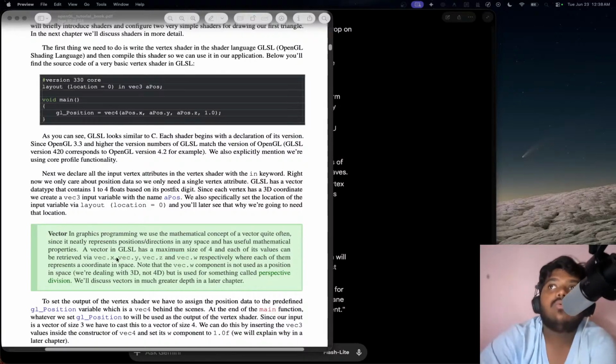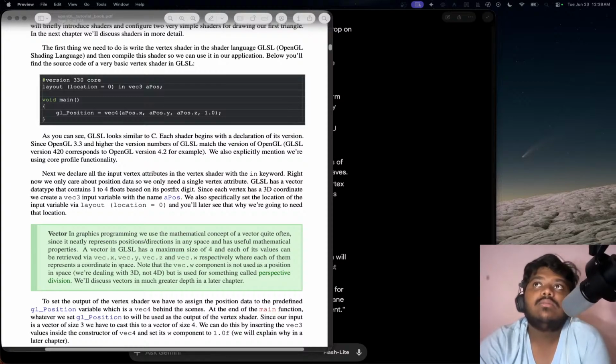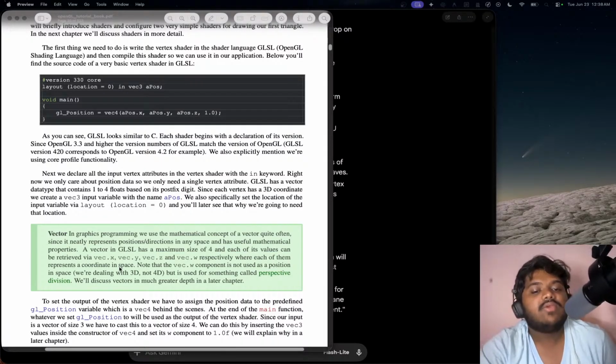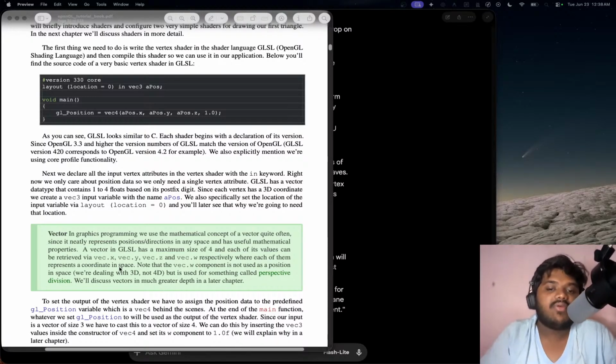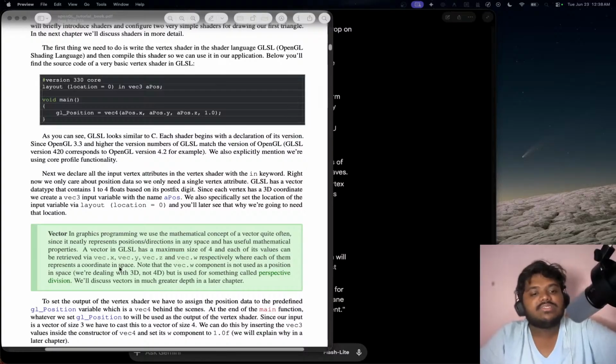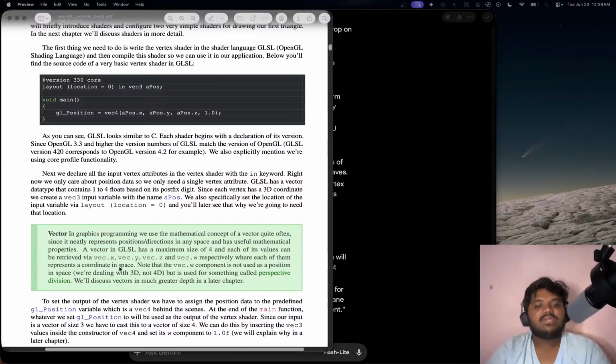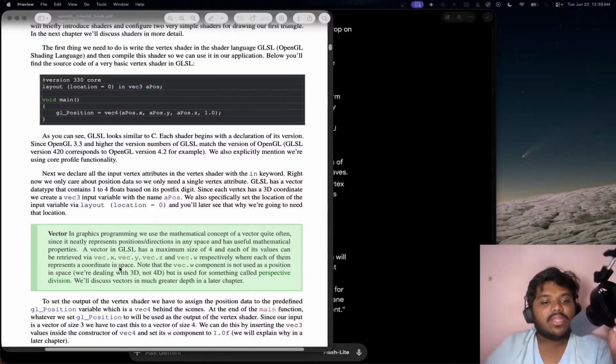I'm trying to understand what they are doing exactly. In graphics programming, we use the mathematical concept of vectors quite often, since they neatly represent positions and directions in any space and have useful mathematical properties.